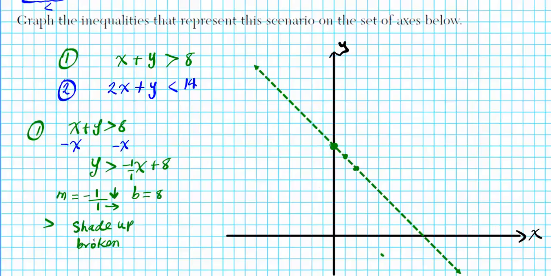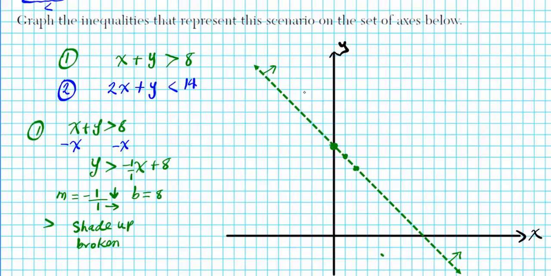So it's broken and we're going to be shading greater than. So the direction of the shade will be upwards. Okay, so we're shading up. So put the arrow. The reason why I'm not shading right now is because we have two lines that we're going to be graphing, and I will just use the arrows to find the exact quadrant that I will be shading.